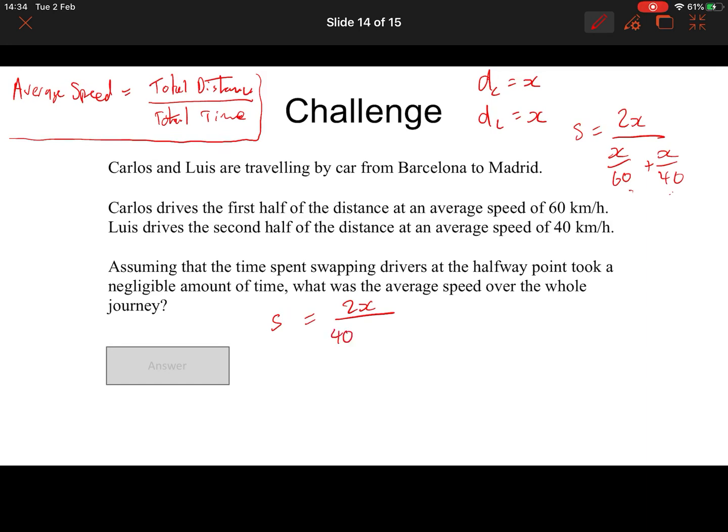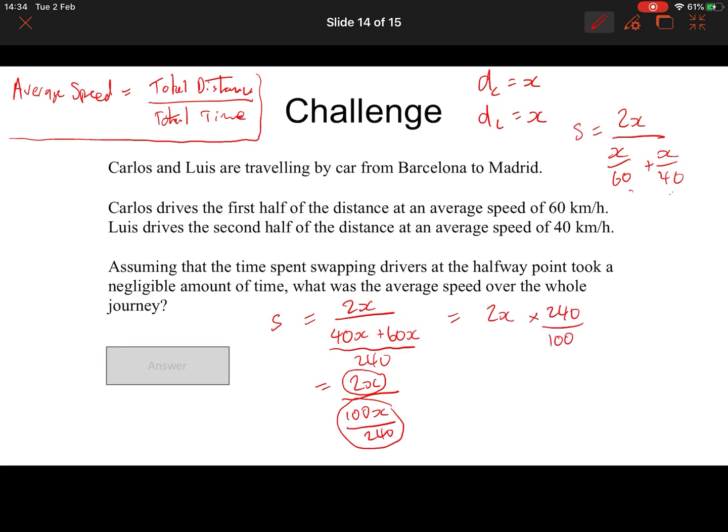Now, I need to add the fractions in the denominator together, so I need a common denominator, which is going to be 240. So 40x plus 60x over 240, which is 100x over 240. This means we've got something divided by a fraction, so we need to know the rules of fractions.